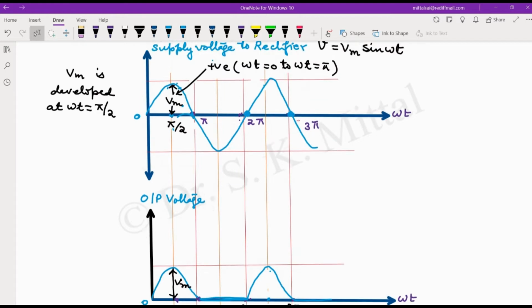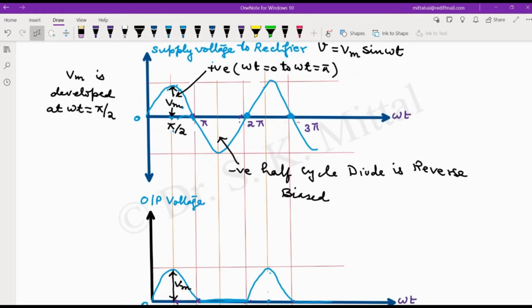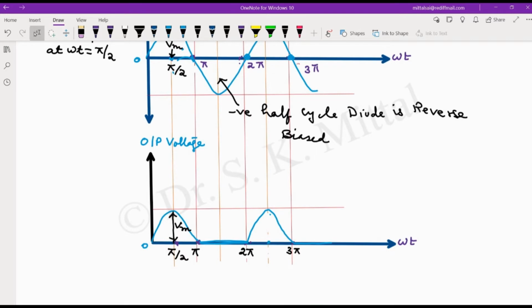Now, for this negative half cycle, diode is reverse biased, hence there is no current in the load and therefore output voltage is 0.